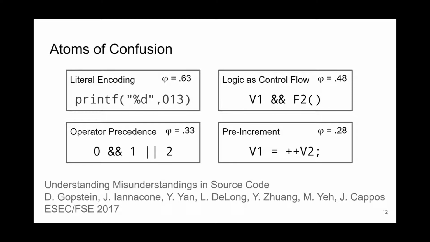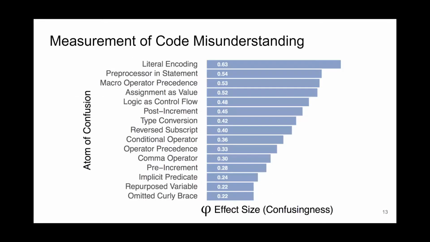These small patterns in code were sourced from winners of the International Obfuscated C Code contest and were then empirically validated as confusing using these correctness-based hand evaluation experiments. And using these types of experiments, we were able to do a lot of cool things, such as measure exactly how confusing each of these patterns were. And doing that, you are able to do things like rank which patterns are more confusing than others.